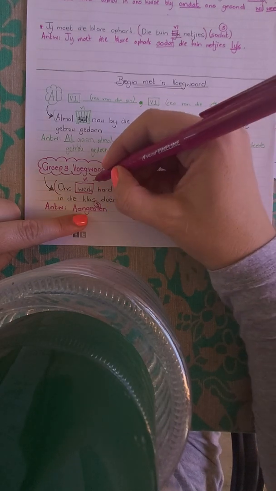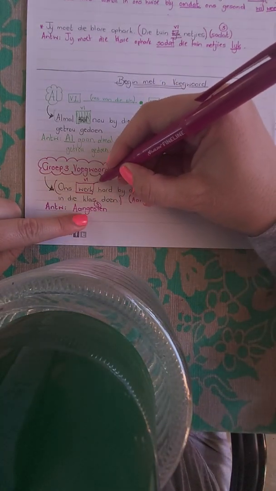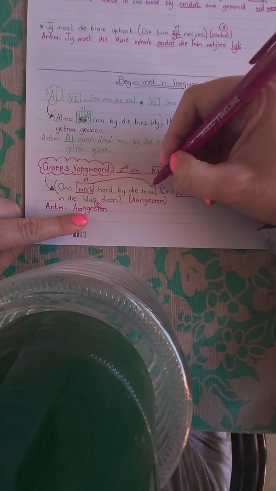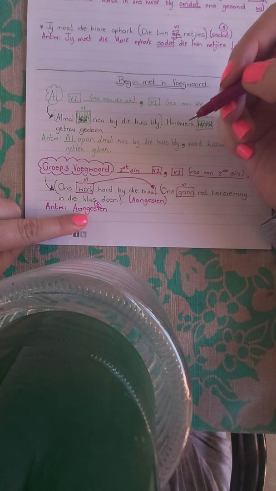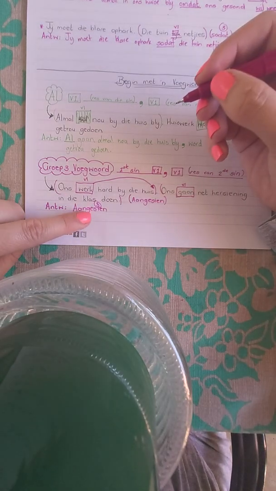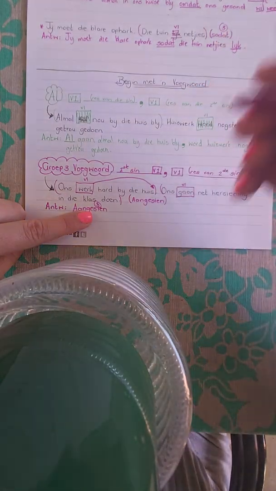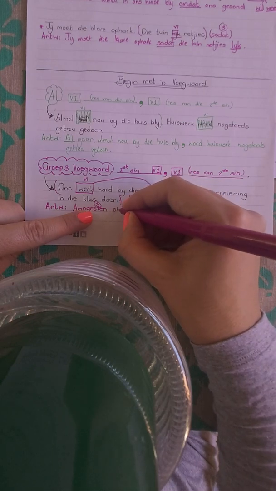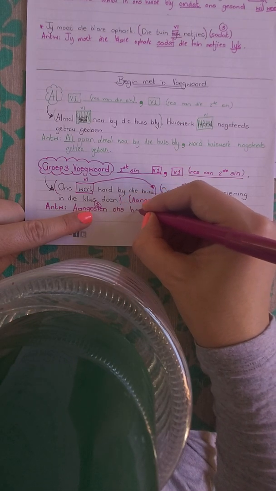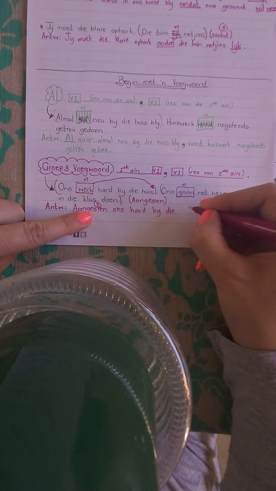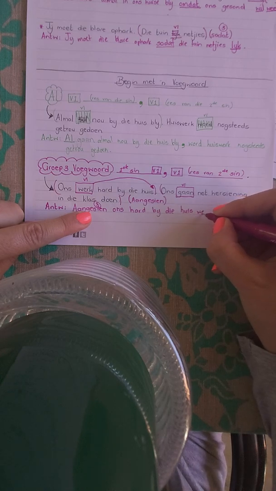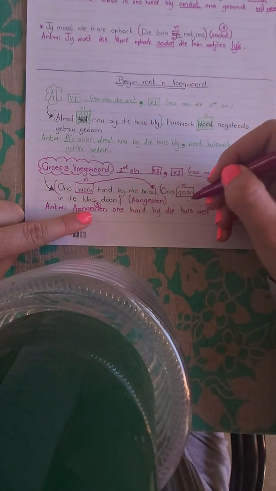Therefore, I have to move my verb 1 to the end of the first sentence in order for this sentence to adhere to the group 3 conjunction rule. So aangesien ons hard by die huis werk. So I've moved my verb to the end.